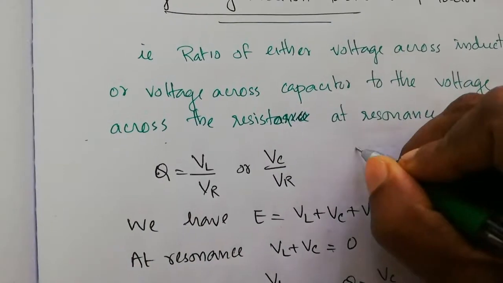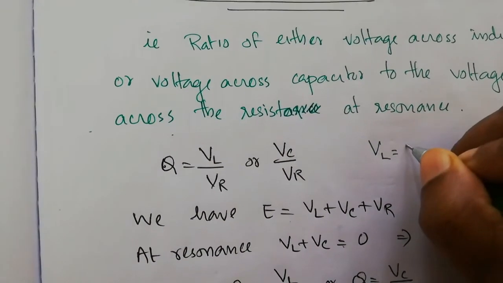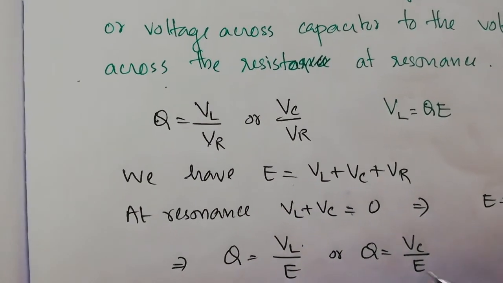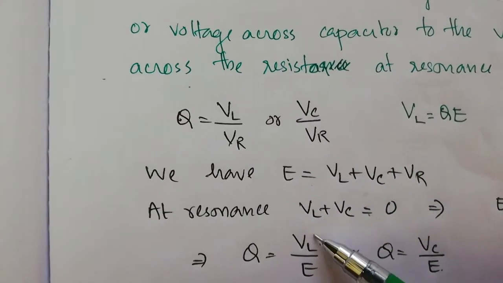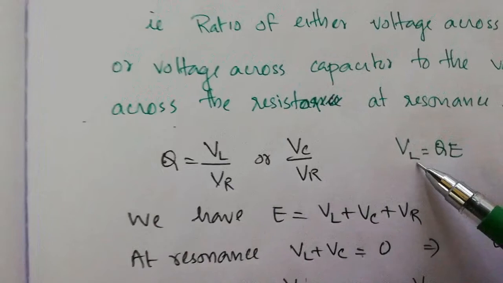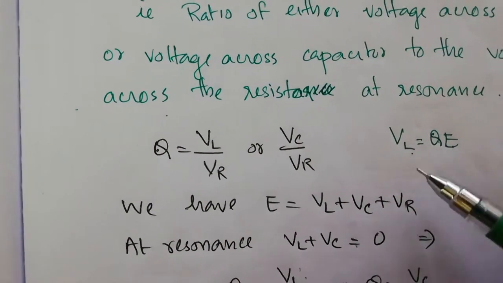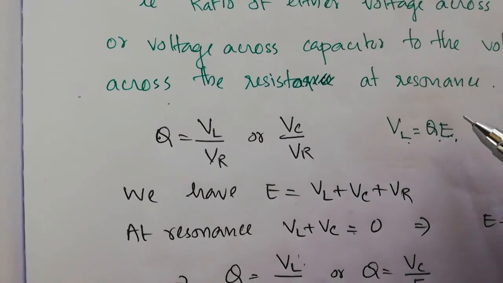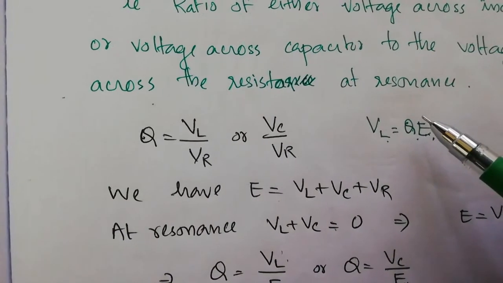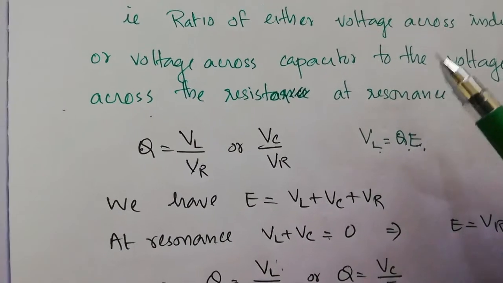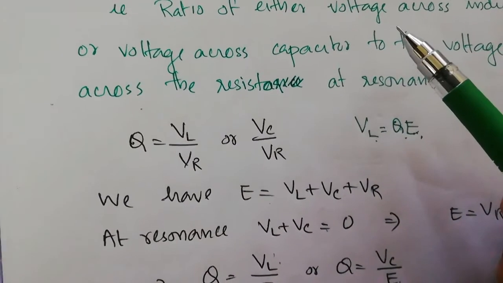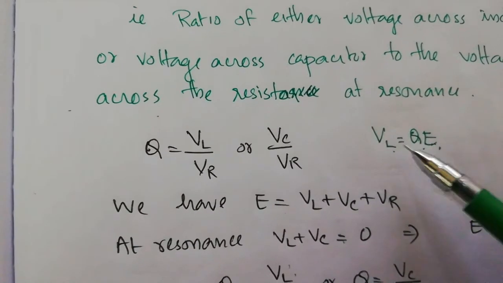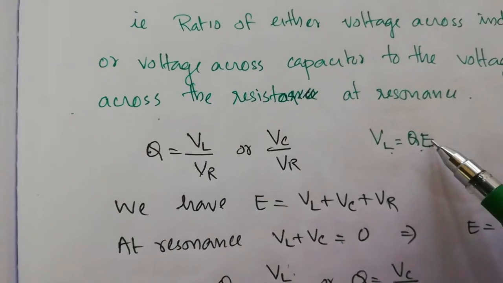That is, VL is equal to Q into E from this equation, and VC is equal to Q into E. That is, the resultant effect of VL and VC is 0, but VL should be having Q times the alternating EMF, and similarly VC should be having Q times the applied alternating EMF. So, that is the magnification factor Q. And that's why the Q factor is also known as magnification factor, as it magnifies the voltage across inductance and capacitance by the factor Q with the applied EMF E.